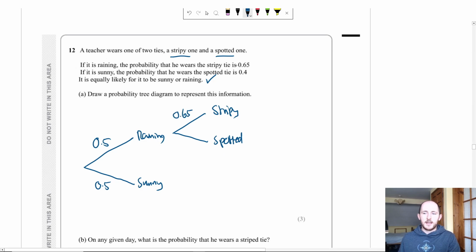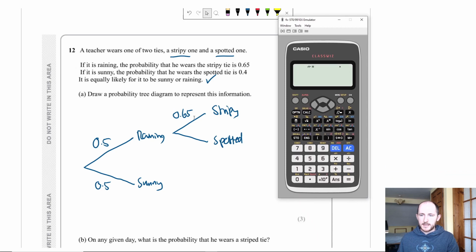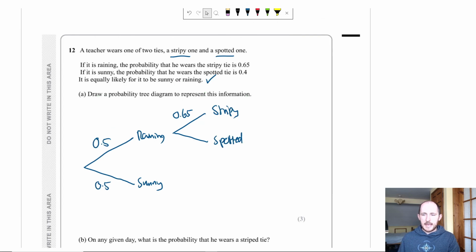And remember what I said, across the branches should add to 1. So all you're going to do, and I'll do it on a calculator just to make it a bit clearer, is you're going to do 1 minus this probability. 0.35, because again, across the branch should add to 1. If you ever want to double check, 0.65 plus 0.35 does indeed give me 1.